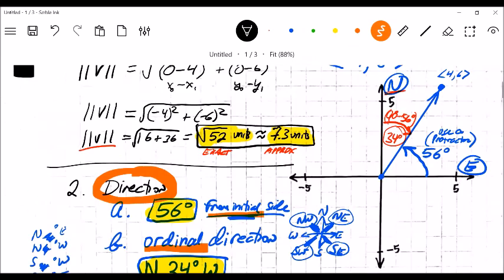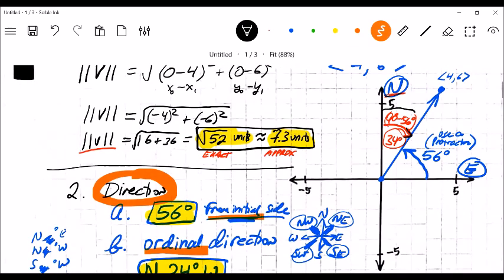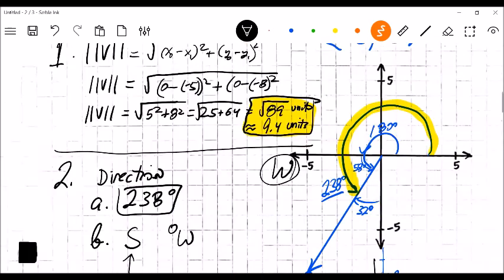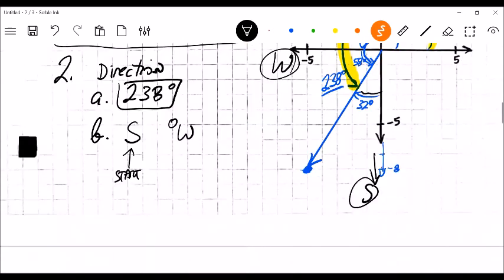That's why the angle had to go this way. I had to start with the north and go to the line. Here we start with the south and we go to the line, which is 32 degrees. That line now. So we see that's 32 degrees, and that gives us our ordinal direction.